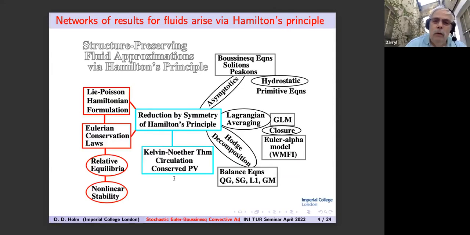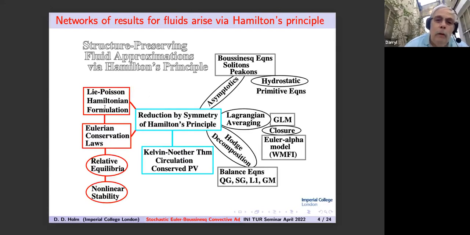And the other feature you have when you're modeling in Hamilton's principle is the Legendre transform. And the Legendre transform will take you over to the Hamiltonian formulation, but it won't be symplectic. It'll be something that's associated with variables that are invariant under this reduction by symmetry.